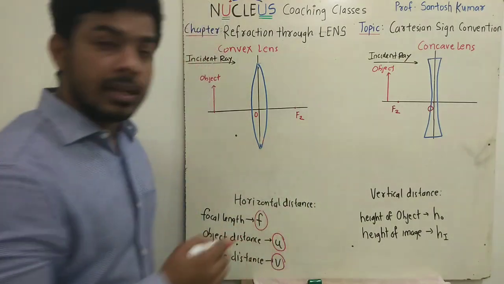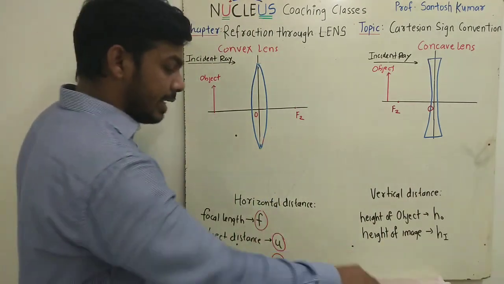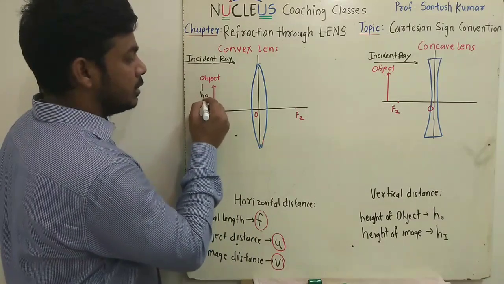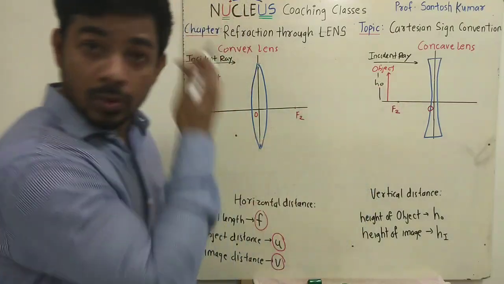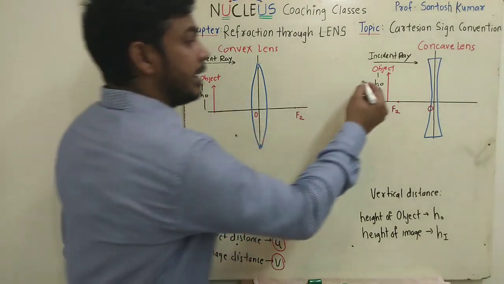If I talk about vertical distance, it consists of height of object HO. So can I say this is the height of object HO, and this is also considered as height of object HO. Since it is above the principal axis, can I say it is taken as positive?